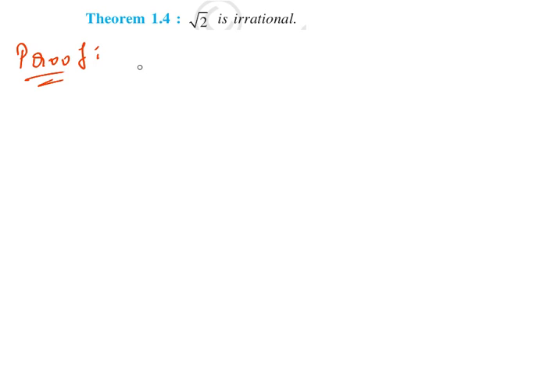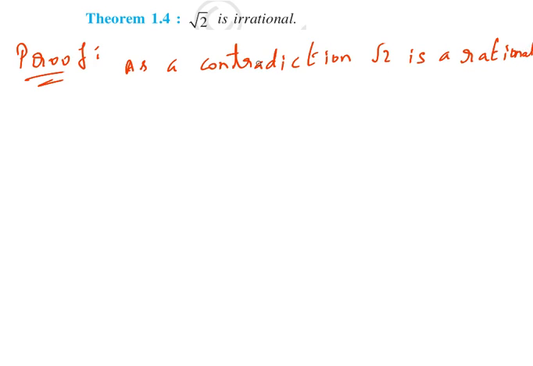Suppose, let me assume as a contradiction, we'll take root 2 is a rational number. What we are claiming is that root 2 is irrational, but by contradiction we'll assume root 2 is a rational number.